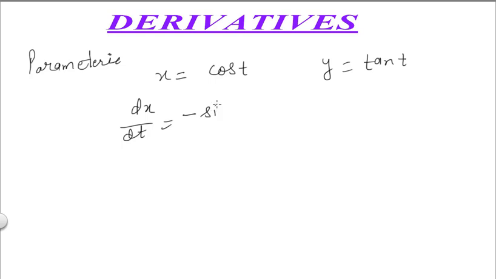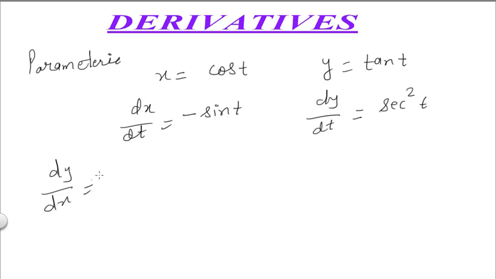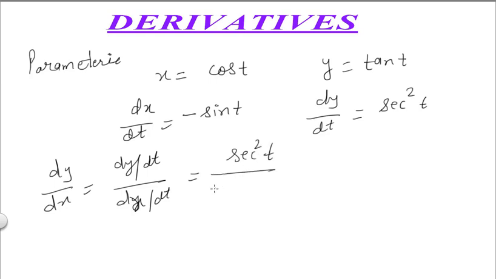Differentiation of cos t will be minus of sin t. dy by dt, that means we are differentiating with respect to t, tan t differentiation will be secant square t. To find dy by dx, we have to do dy by dt divided by dx by dt. Correct. So we will get secant square t divided by minus of sin t.